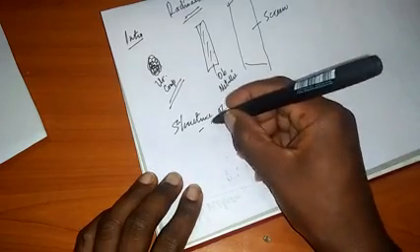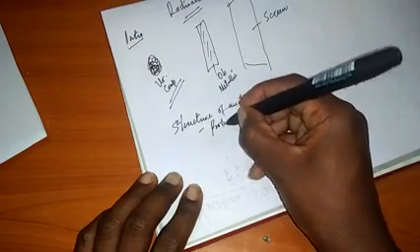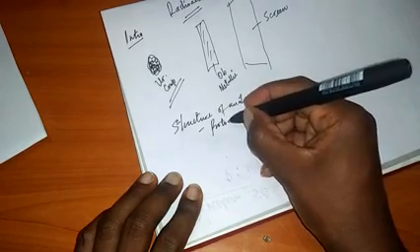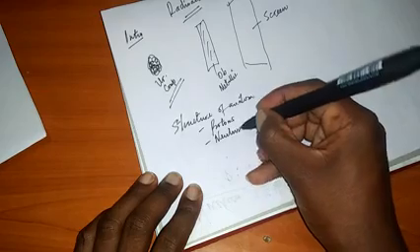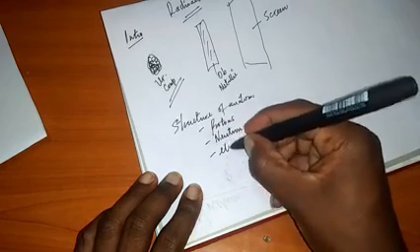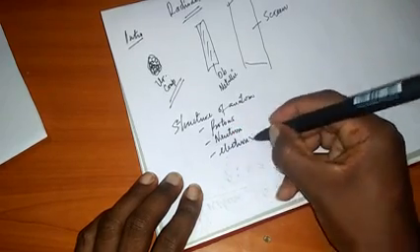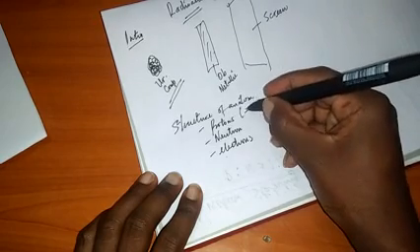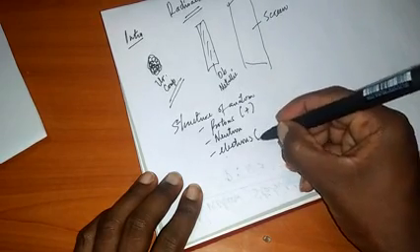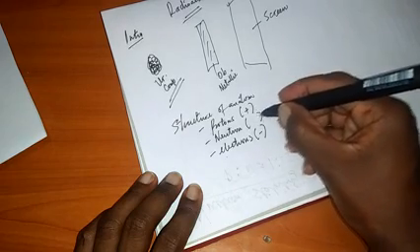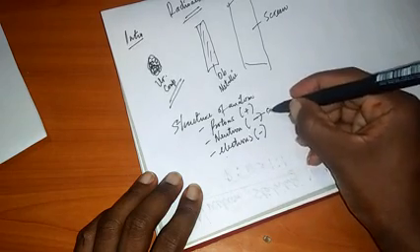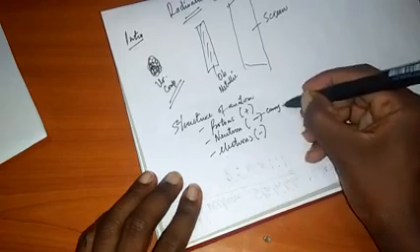We have protons, this one is a recap of Form 1 physics work, we have neutrons, and we have electrons. You remember we said that protons are positively charged, electrons are negatively charged, but neutrons carry no charge.